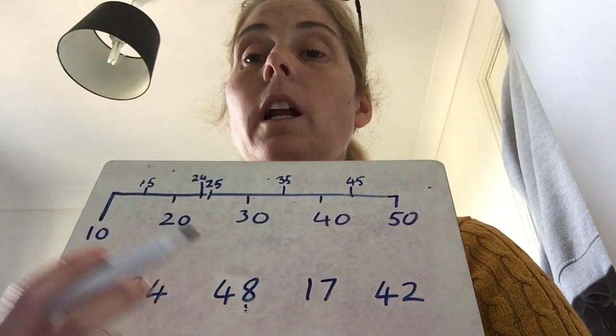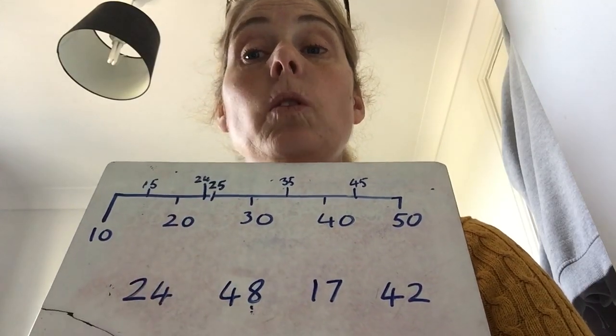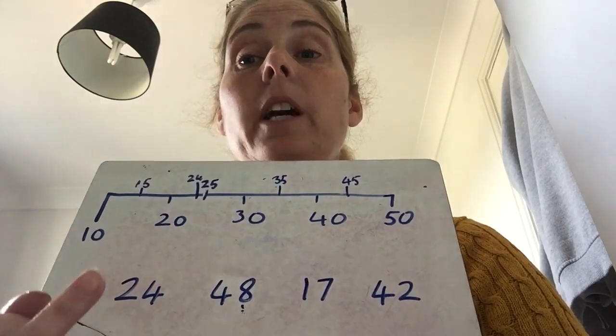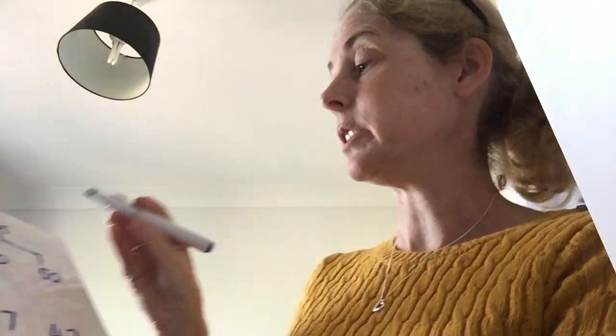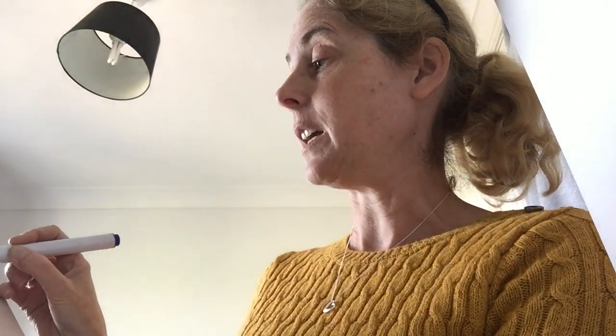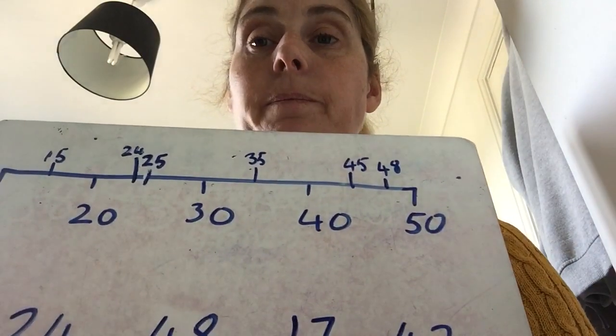And it's quite close to 50, okay? Because we've only got 49 and then we go to 50. Okay, so we know it's going to be quite close to 50. It's going to be about here. Okay, so we put 48 onto our number line.